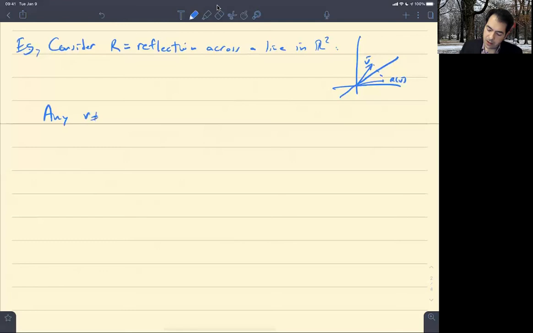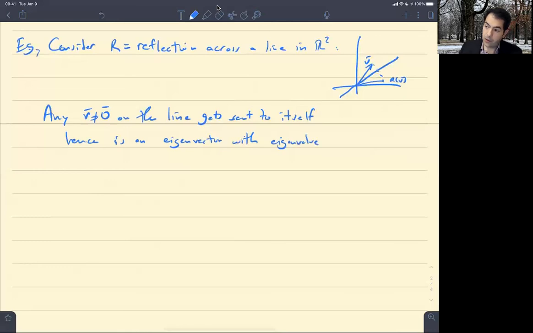Any v not equal to 0 on the line gets sent to itself, hence is an eigenvector with eigenvalue 1.